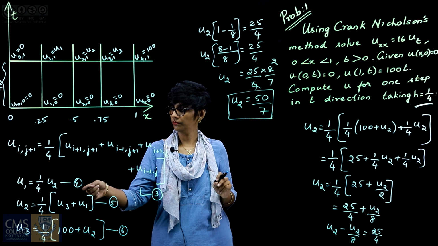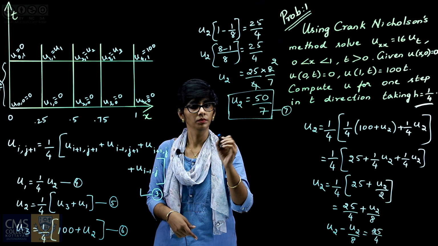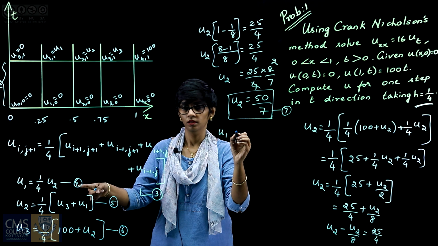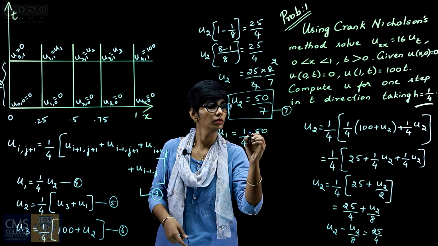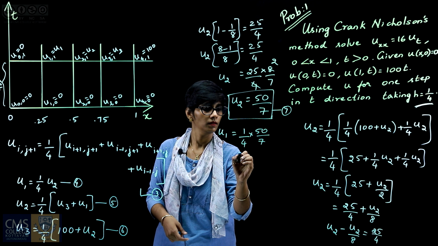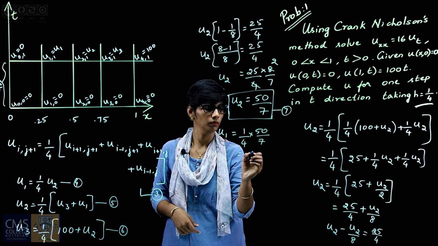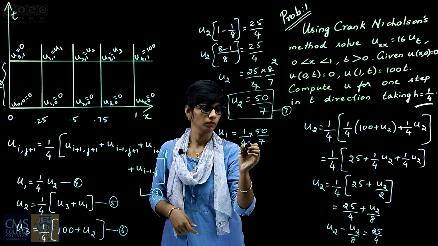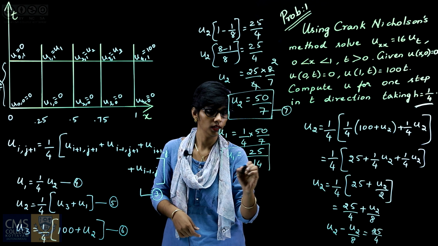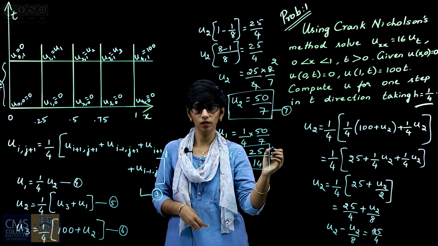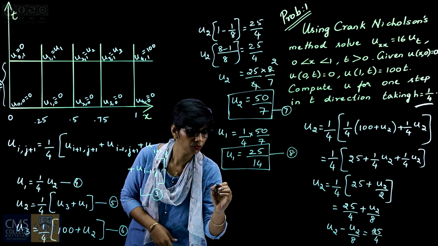Now, substituting this value of u2, 50 by 7, into the equation for u1, we get the u1 value. The same way we can find out the value of u3.